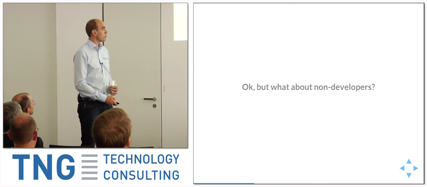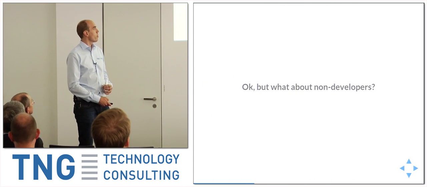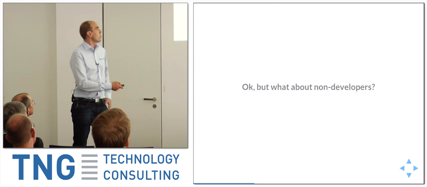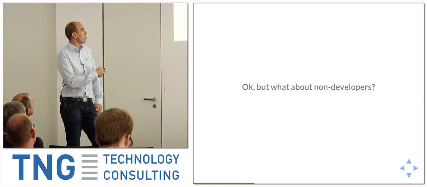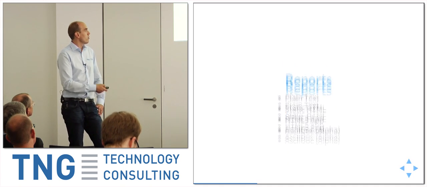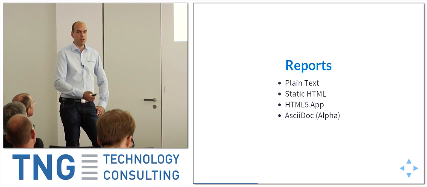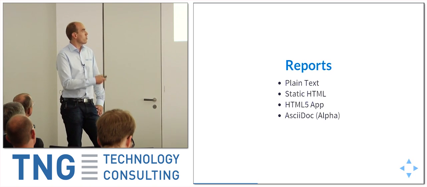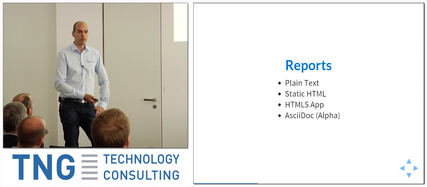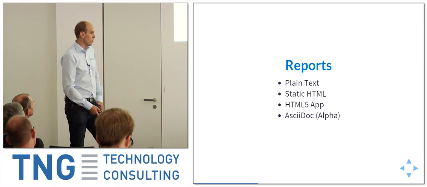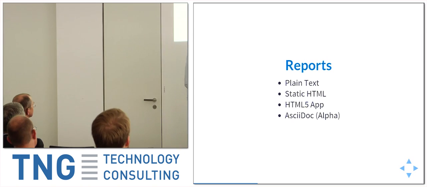The first report is a plain text report, which actually just prints out what you have seen before, just on the command line, and more or less looks like what you would have written in Cucumber in the first place. But you don't have to write it because it's generated for you. It doesn't cost you anything. And then there is an HTML report, which I want to show you.